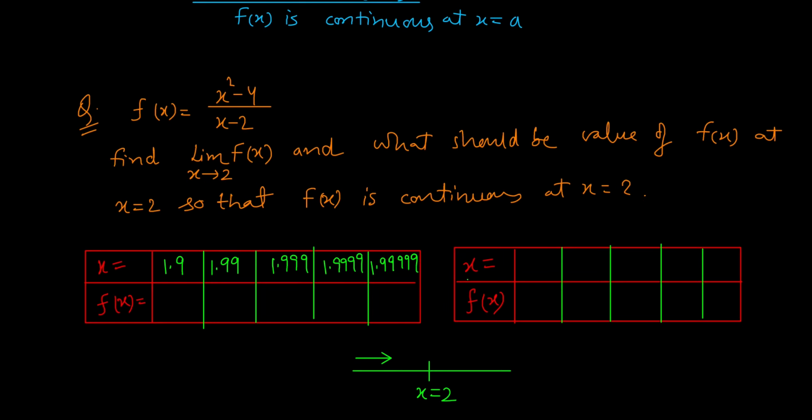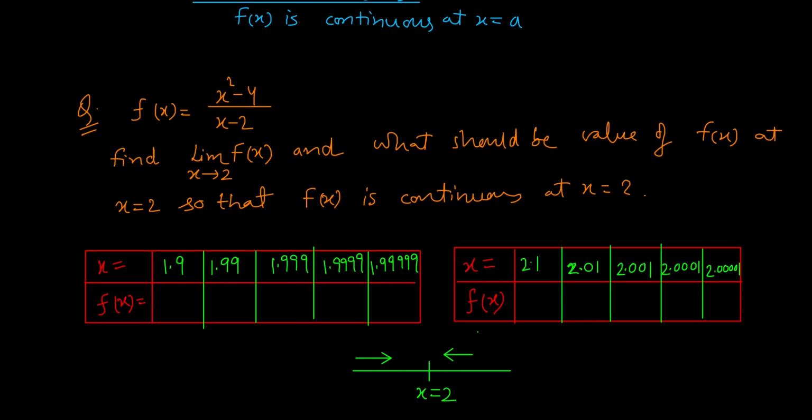Similarly, we can come towards x equal to 2 from the right hand side, slightly larger than 2. Suppose it is 2.1, further close to 2, 2.01, 2.001, 2.0001, and at last 2.00001.